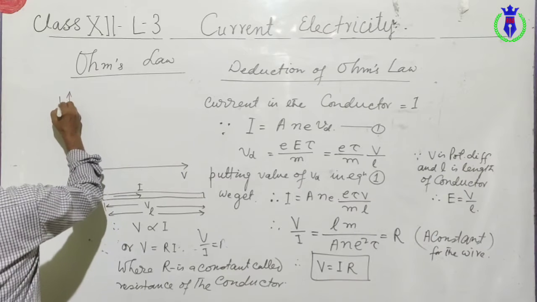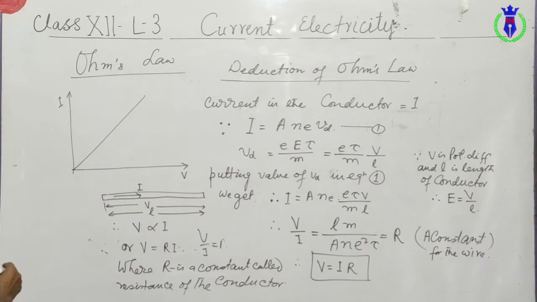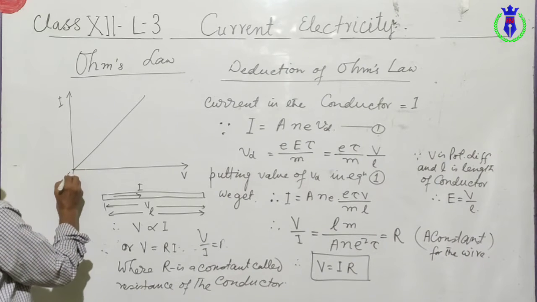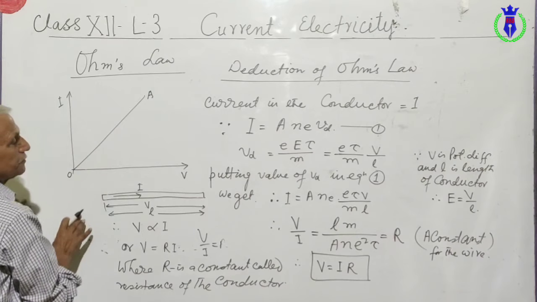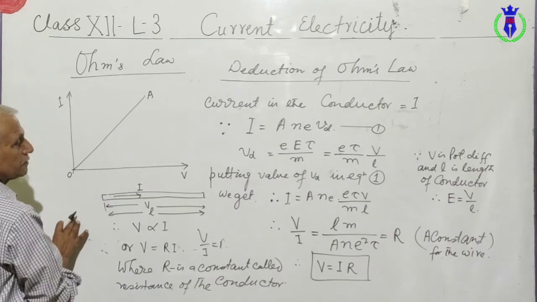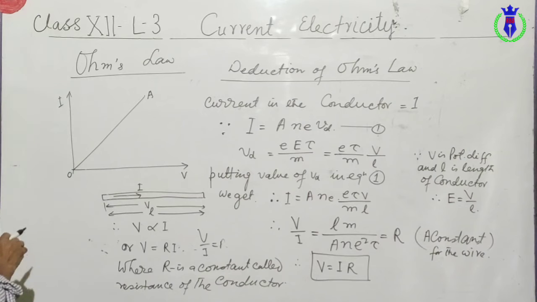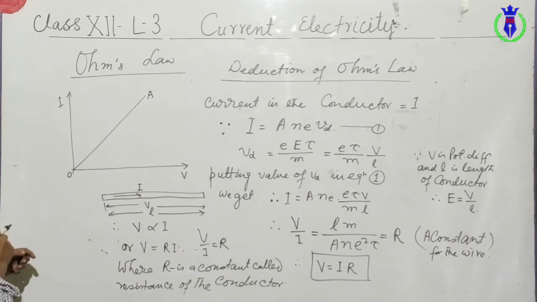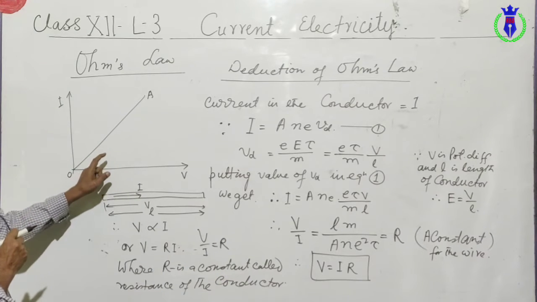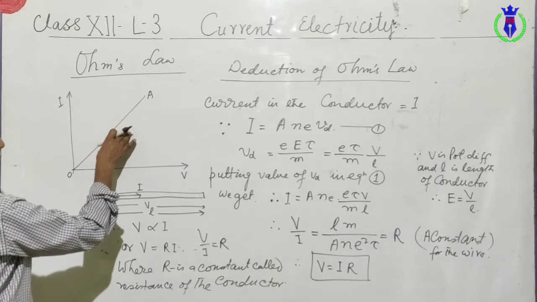and I is a straight line. Suppose this is O, this is A. This is the relation between V and I. This is a straight line. And V upon I here, this is a straight line.